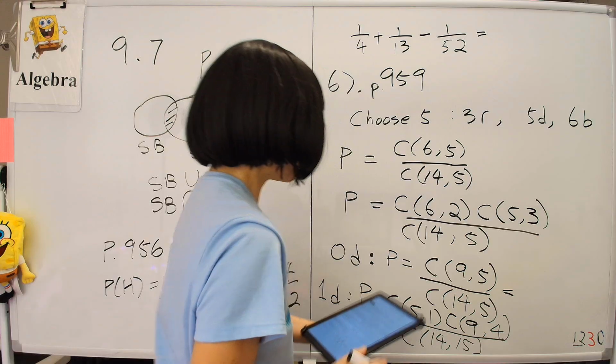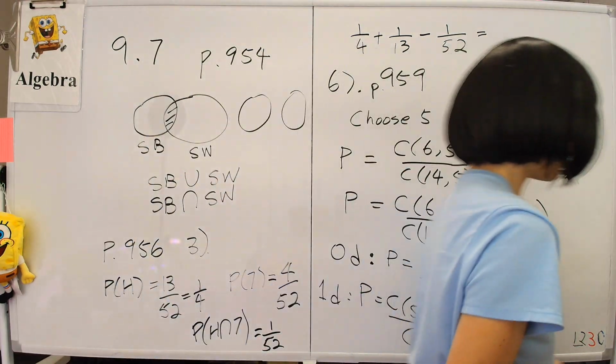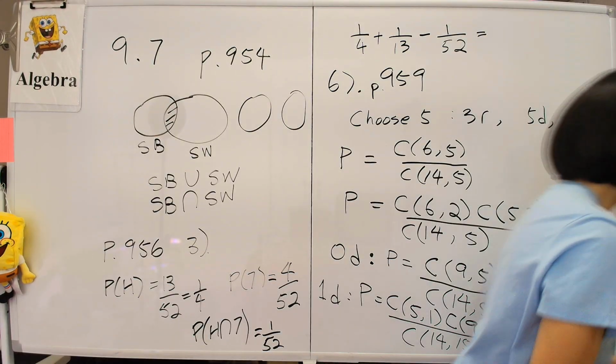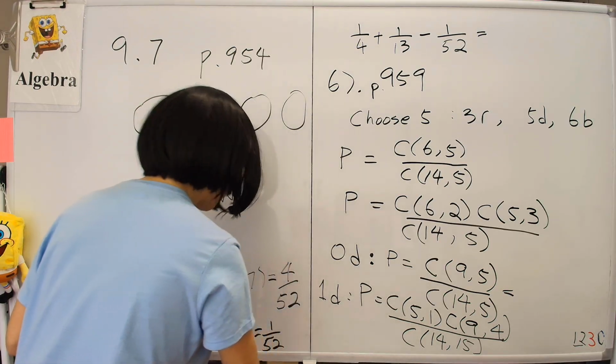When these two numbers are added together, that should give us the total we're going to subtract from 1.